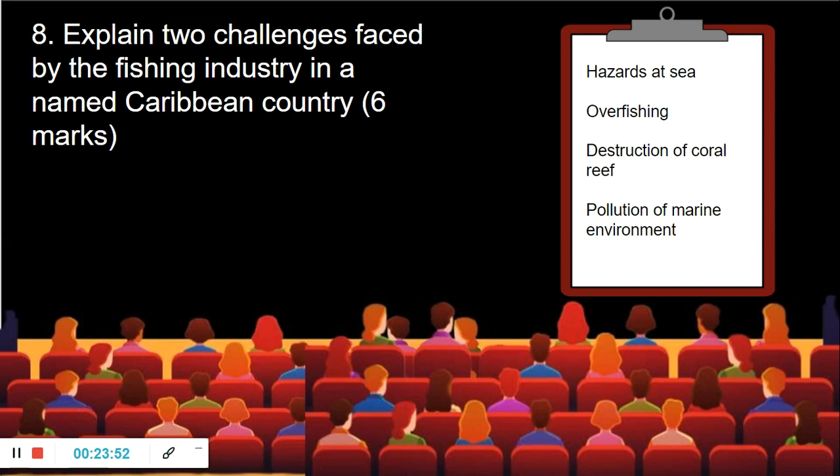When coral reefs are destroyed by certain fishing methods, again, it's going to affect the coastal areas because we know that coral reefs help to protect the coast from harmful and very strong waves.